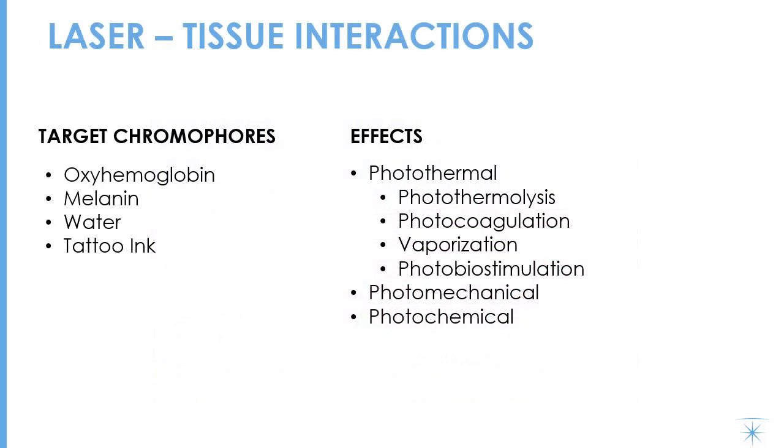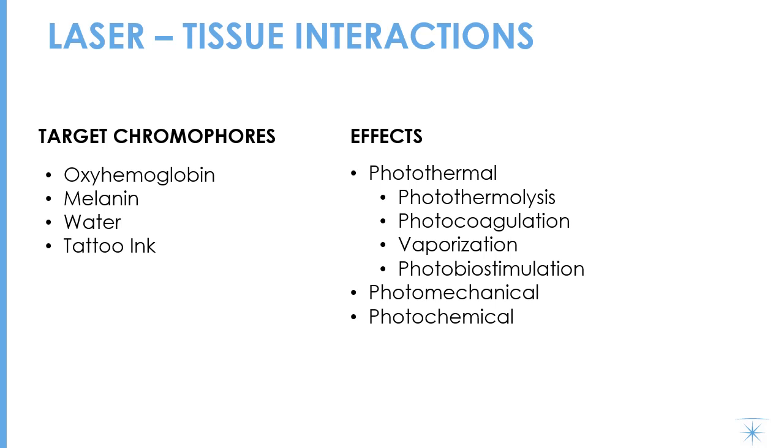It's very important to differentiate between two important terms, target and chromophore. When we are talking about hair removal, the target for the hair removal is the hair follicle. However, the hair follicle structure is colorless. So we have the bulb and the bulge.